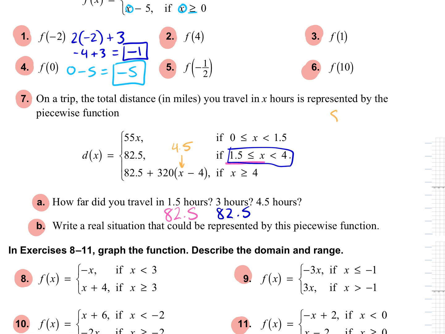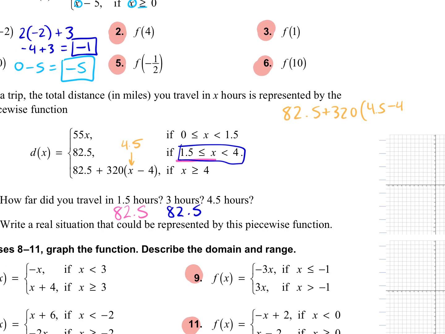We can do it just for fun. So I have 82.5 plus 320 times 4.5 minus 4. What do I have to do first to evaluate? I'm going to do the parentheses first. So remember PEMDAS.